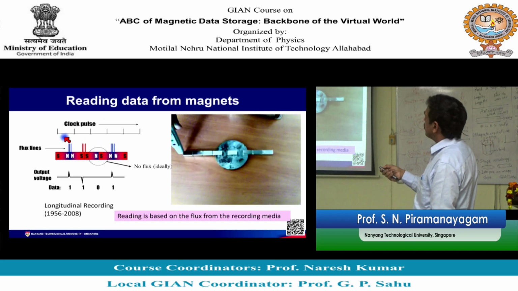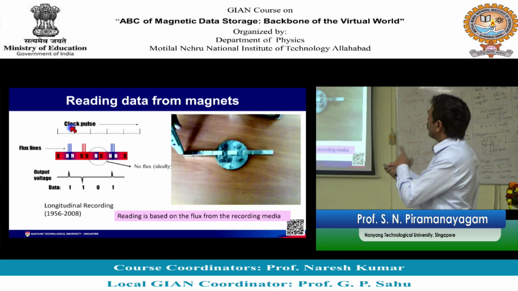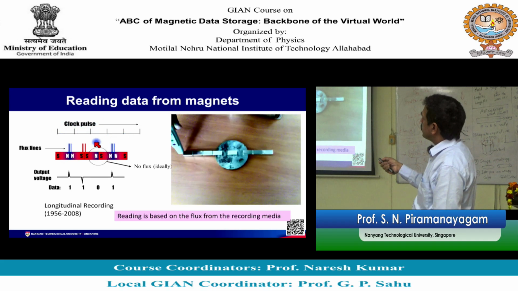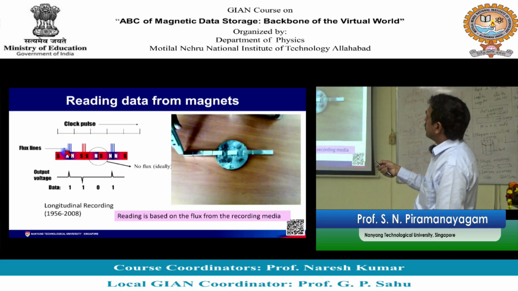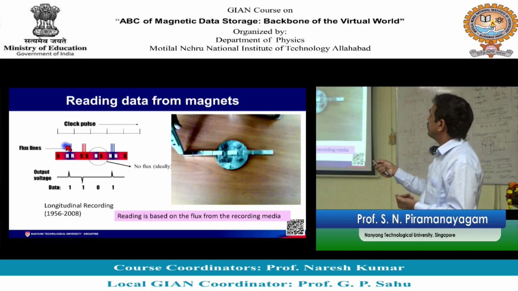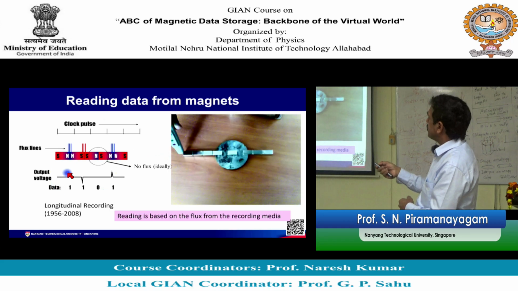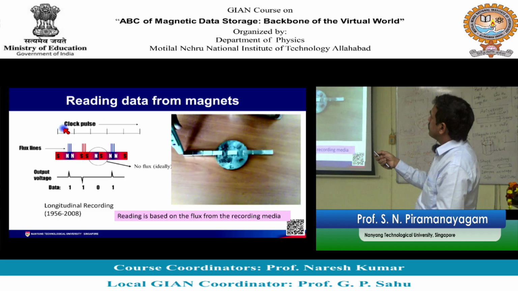What we do in a computer is there are clock pulses, right? So we have one clock window, another clock window, another window, and so on. During a clock window, if you see a magnetic flux, then the sensor will produce an output voltage. Within this window there is output voltage, so we call it 1.